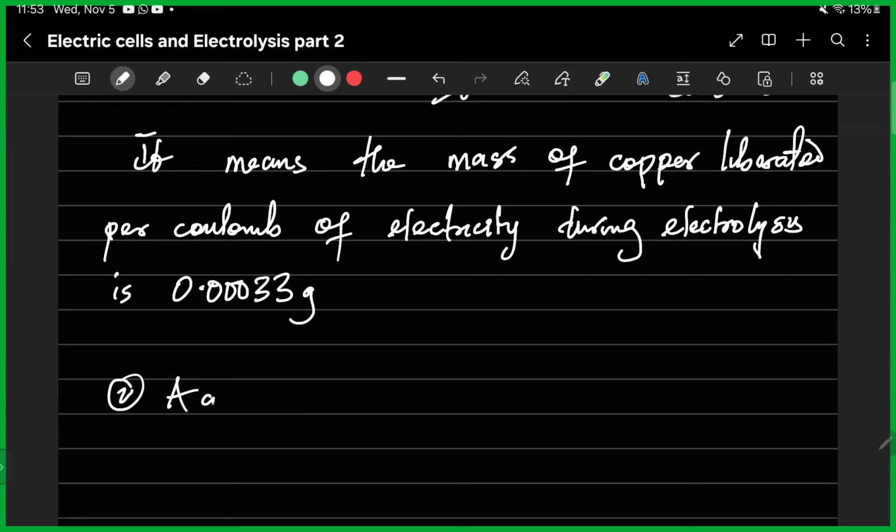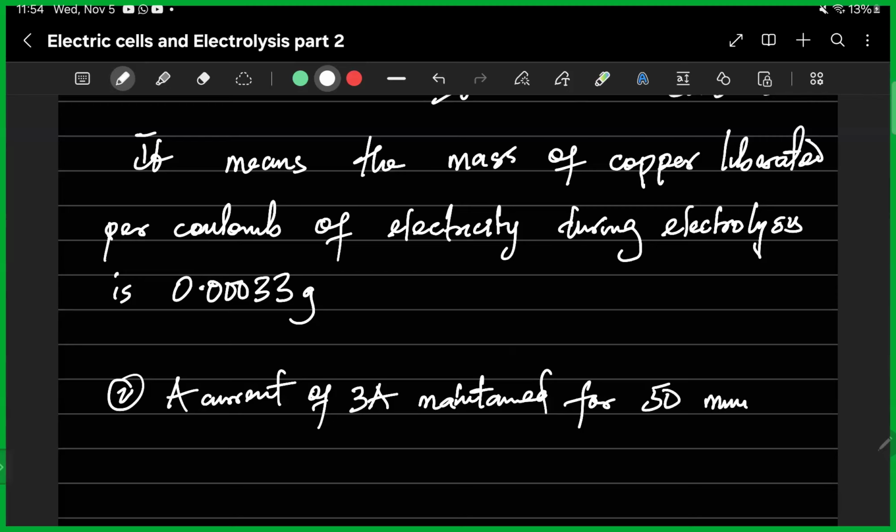A current of 3 ampere is maintained for 50 minutes and deposits 3.048 gram of zinc at the cathode.